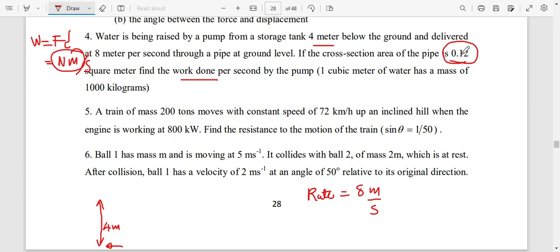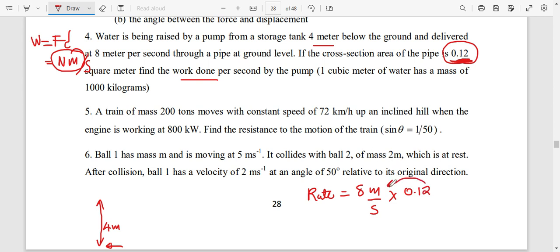So one thing that we've been told here is that the area of the pipe is 0.12. So if I want to have Newton meter, meaning that I'm supposed to multiply by the area, 0.12, we are going to have meters squared.